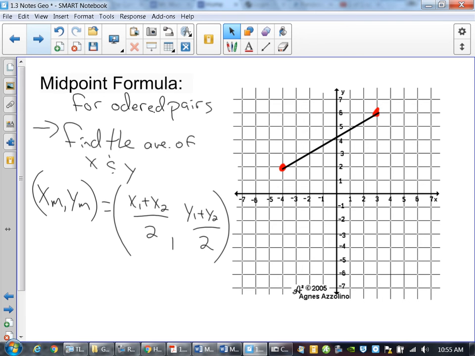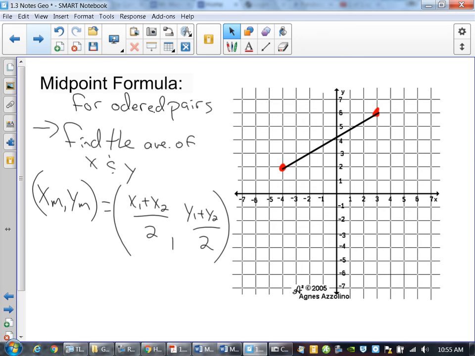And that's where this stems from. When you have your ordered pairs, first x, first y, second x, second y, that midpoint, that halfway point, all you're going to do is add the x's together, cut it in half, add the y's together, cut it in half. Okay?